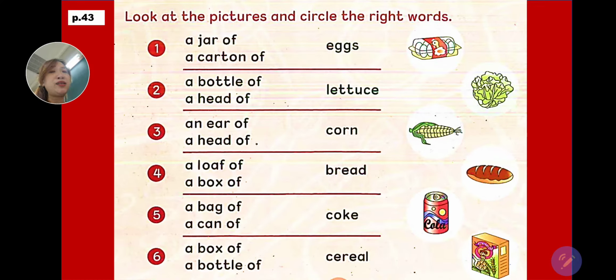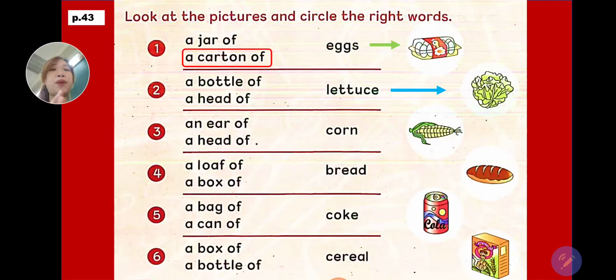So now let's turn to page 43. Okay? Now so look at the picture and circle the right words. Okay? Number 1, what is that? The picture is eggs. So you have to say a jar of eggs or a carton of eggs. Yes, that is a carton of eggs. Number 2, lettuce.